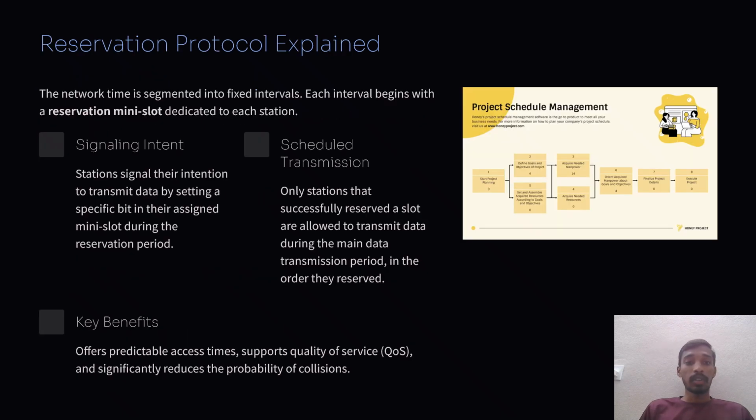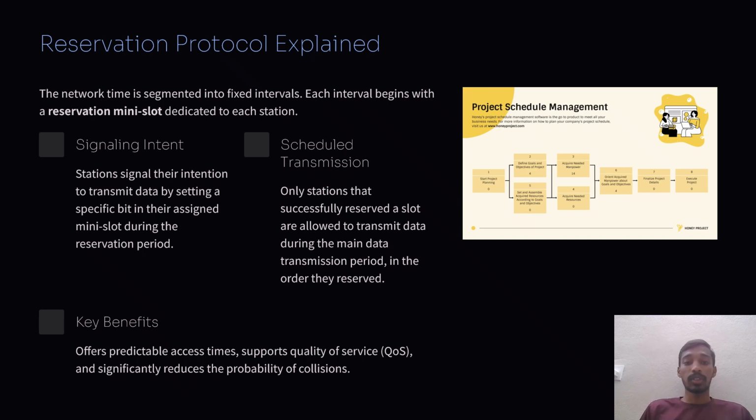Let me explain the reservation protocol. Network time is segmented into fixed intervals. Each interval begins with reservation mini slots dedicated to each station's signaling intent. Stations signal their intention to transmit data by setting a specific bit in their assigned mini slot during the reservation period.